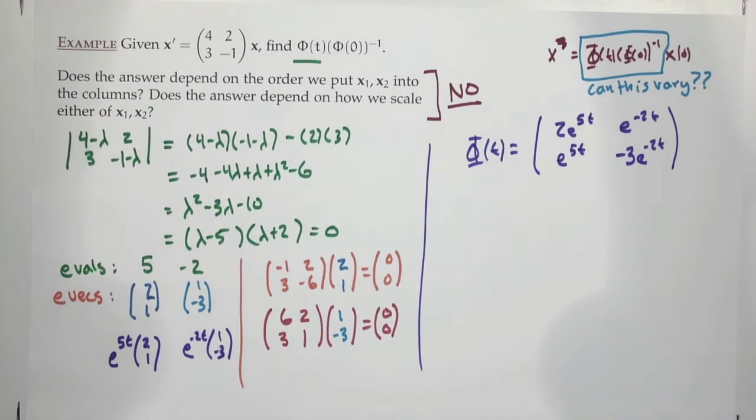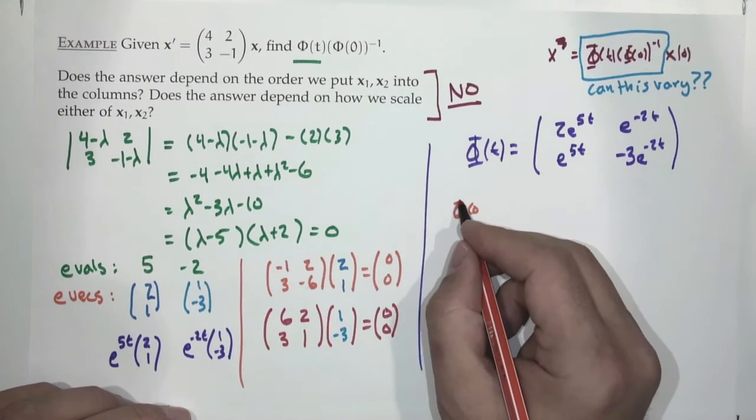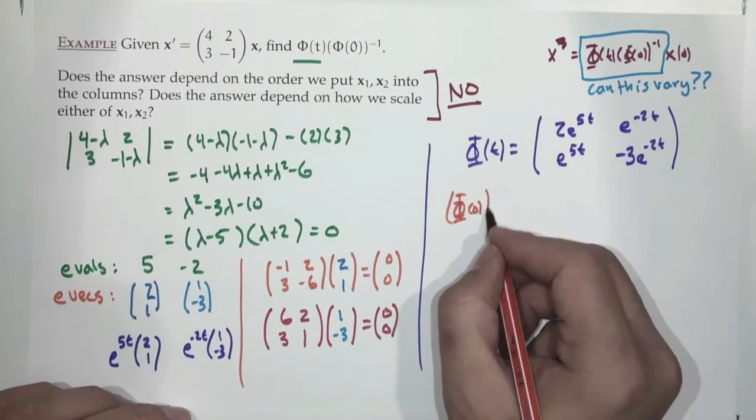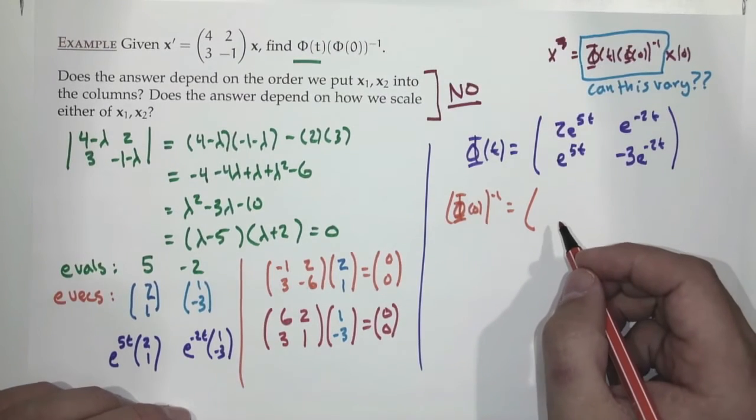All right. Are we done? No. What do we need to do next? Yeah, we need to do phi of 0 inverse. So let's first off, what happens when you plug in 0? What do you get?